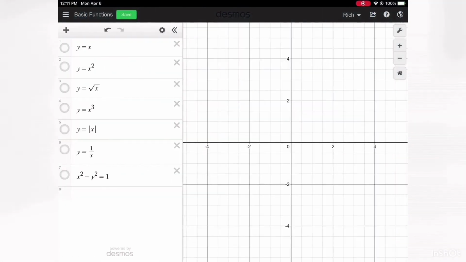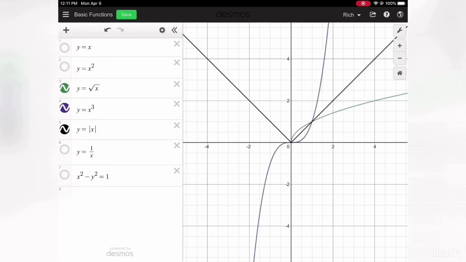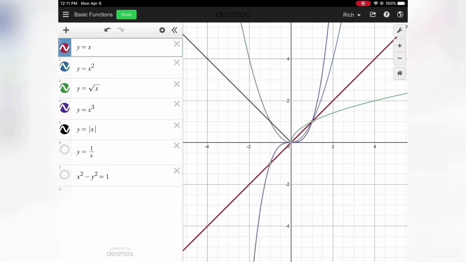Our most basic function is the line. Other common functions that you study are the parabola, the square root graph, the cubic, and the absolute value graph. If you look at all of these together, there they are. Those are the basic functions.